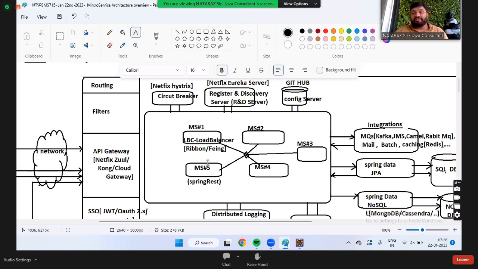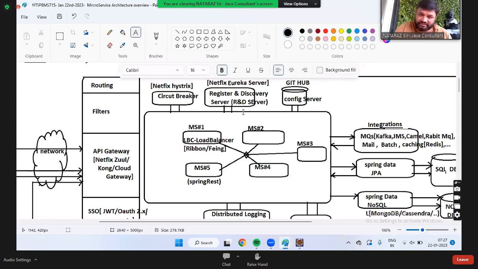Super. Now listen, guys. If one microservice wants to talk with another microservice, first of all these microservices should be registered and exposed in a common place now, boss. And that common place is nothing but Netflix Eureka server, which is also called Registry and Discovery server, boss.